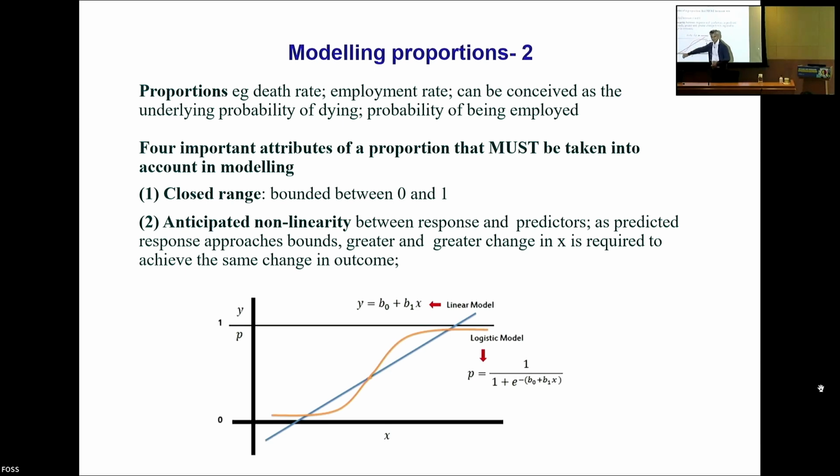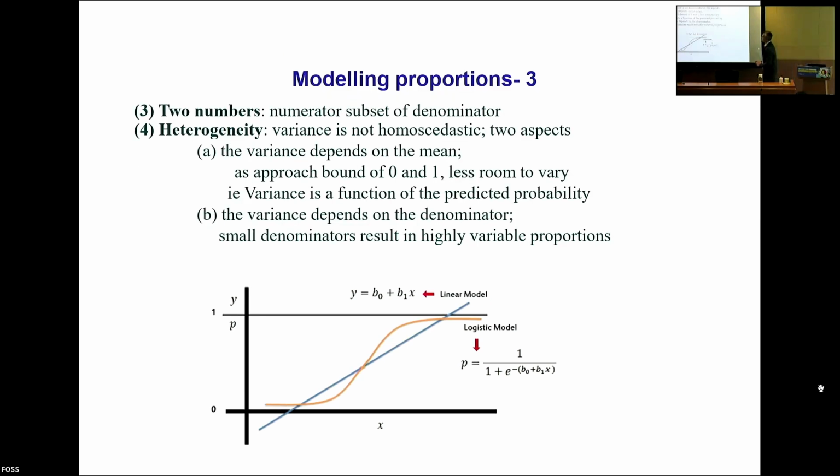This S curve over here denotes the logit function, and you can see it's not a linear curve; it's a curvilinear curve, and so it solves this problem of nonlinearity as we approach the boundaries of 0 and 1. So that's another reason for using the logit function.